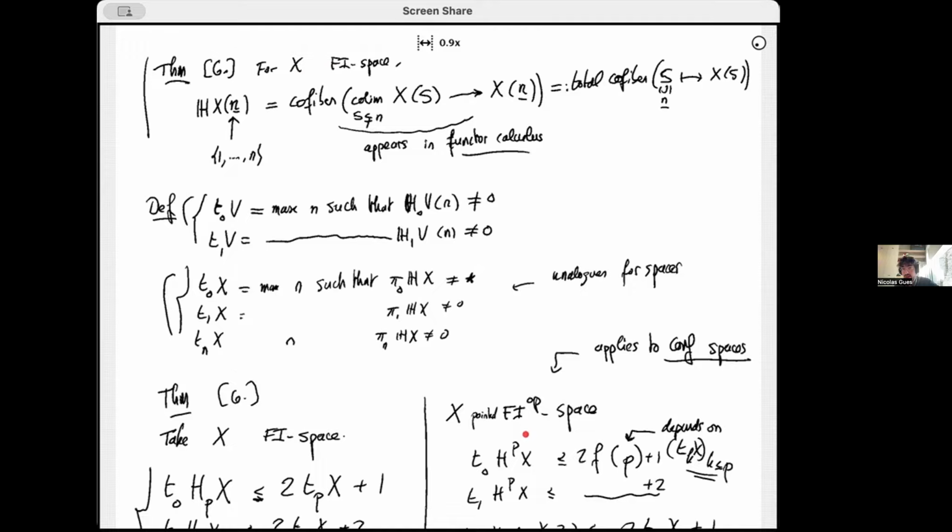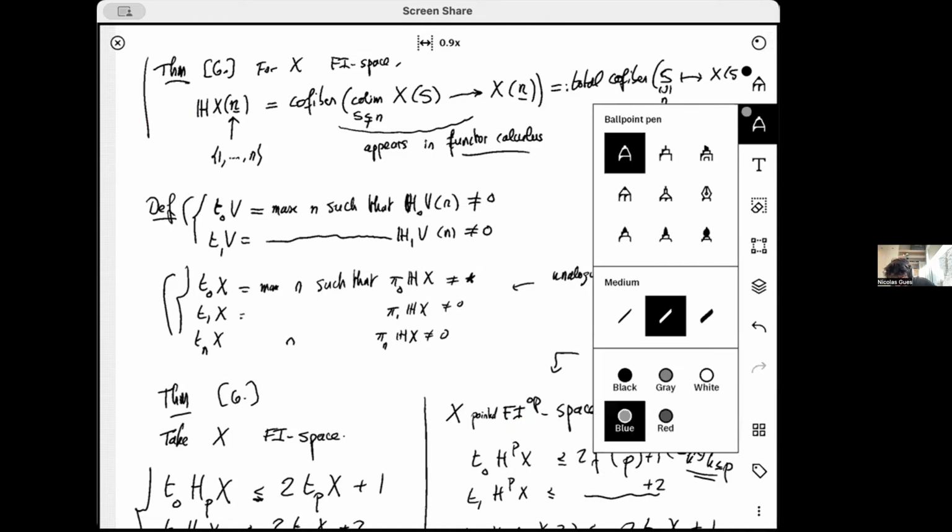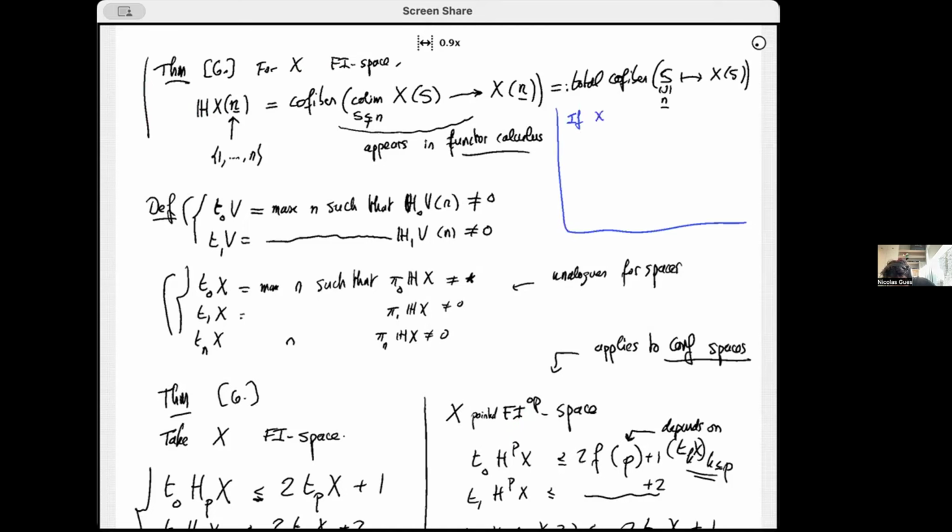If X is an FI up space, we need to dualize this theorem, and you can show that this time HX of n, so maybe I'll write it in here, if X is an FI up space, HX of n will be this time the total fiber of the cube that sends a finite subset S of n to X of S.